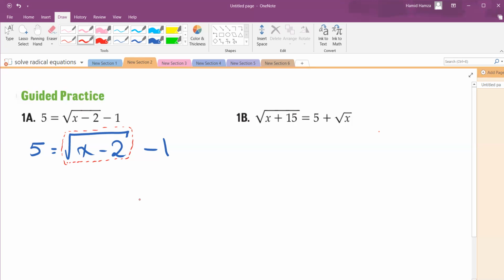Move it to the other side. The negative 1 there becomes positive 1, so 6 equals root x. So that's it.